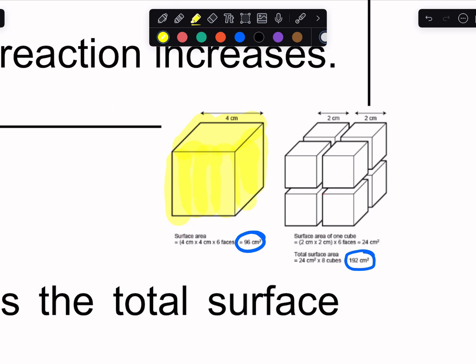So when we break the solid up into smaller pieces and increase the surface area, what we are effectively doing is increasing the areas that can have collisions. Okay, so instead of just this one large block, the inner side now can also be subjected to collisions.